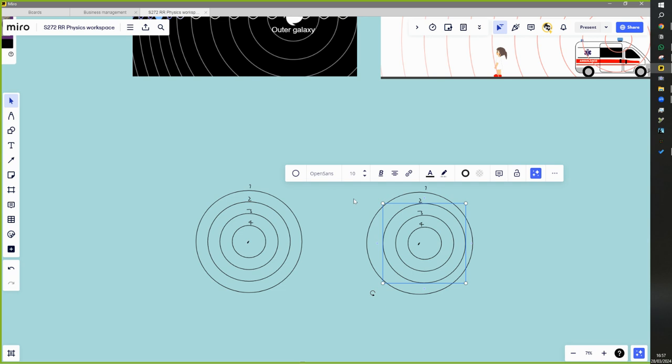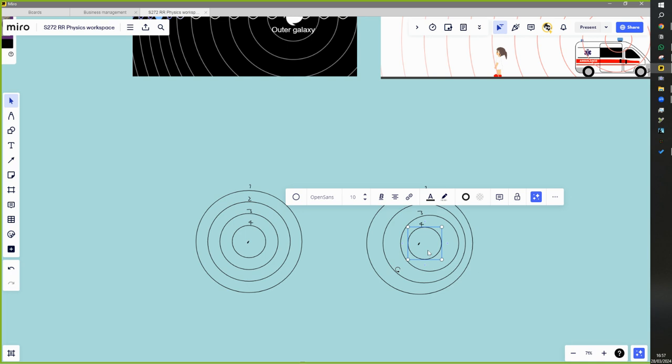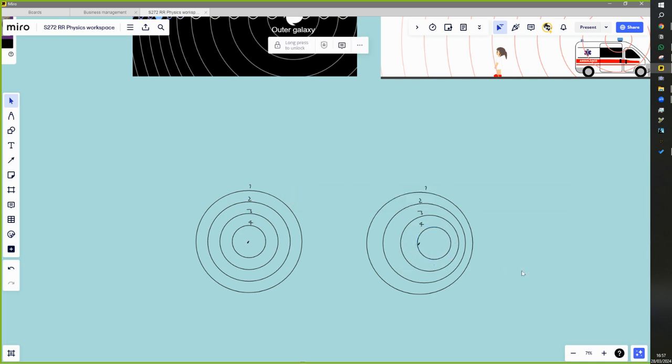So it was moving towards the right, and each time it made the next wave, it moved a little bit further towards the right. So by the time it's made the most recent wave, it's moved all the way to here. So it's moved from here to here.